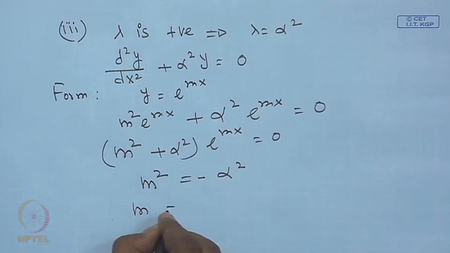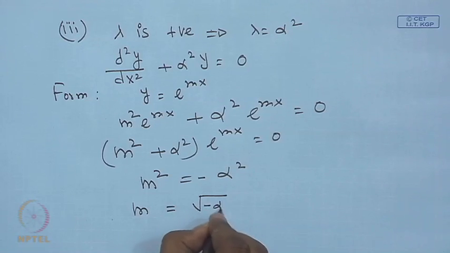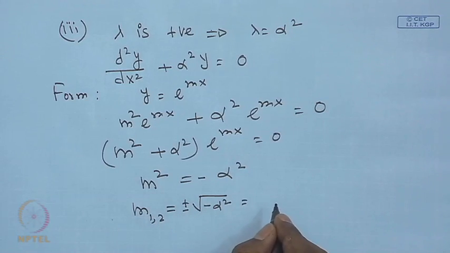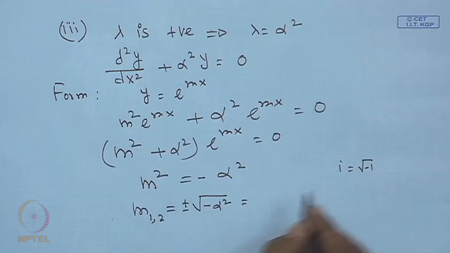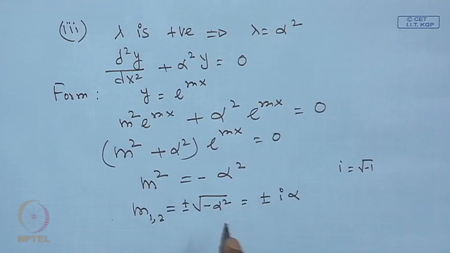The solution is of course m equals plus minus root over minus alpha square. So, root over minus 1 is nothing but i, an imaginary quantity. So, it will be plus minus i alpha. So, that is the solution of this characteristic equation, and the two roots are i alpha and minus i alpha.